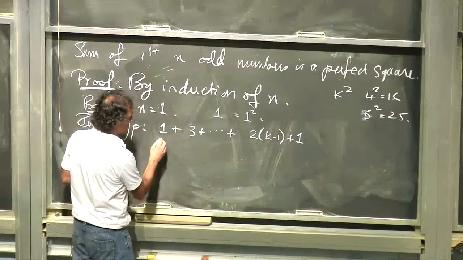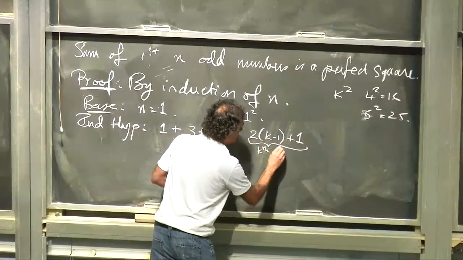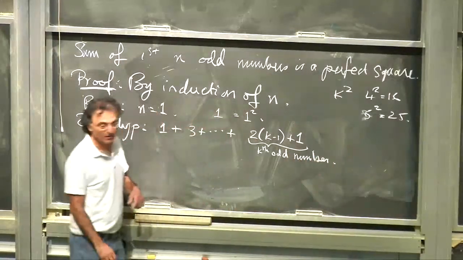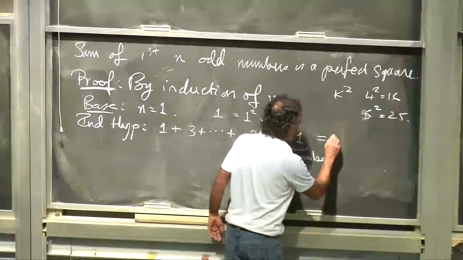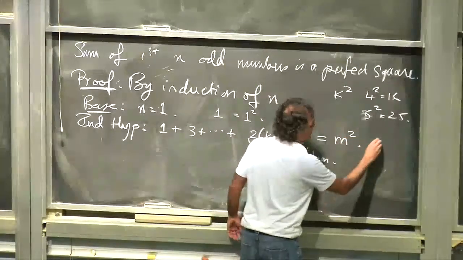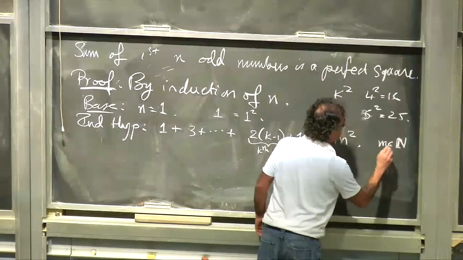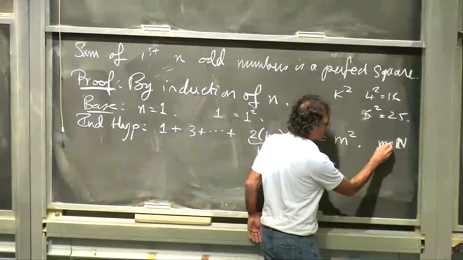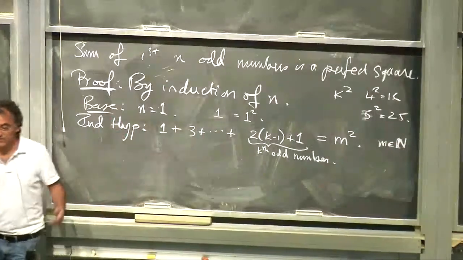So that's the kth odd number. We're claiming that this is a perfect square. This is of the form m squared for some natural number m. That's our assumption. It's a perfect square.